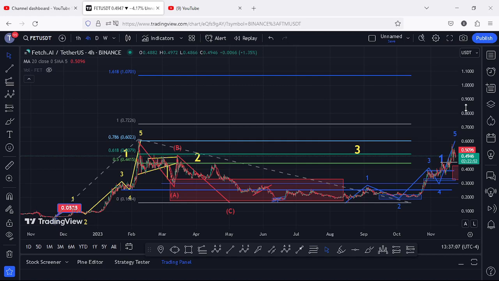Then expect a wave 4, and then continue seeing higher prices in the formation of that wave 5. So that is what I'm watching out for in the short term and also in the long term, and those are my pullback target areas in case we see a pullback in the next coming hours.